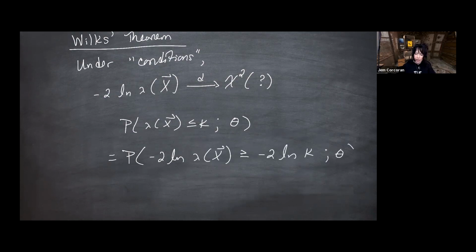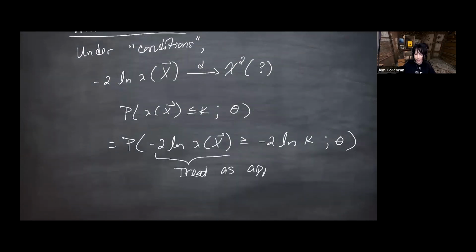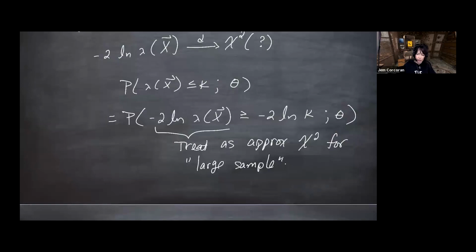And then we can treat this as approximately chi-squared for a large sample size. Then I would just give this a name like W, and I would try to find the actual k that gives me the right size of the test using a chi-squared table. So that's, I think, the true power of these tests, because they get really hard really fast, but everything is chi-squared.